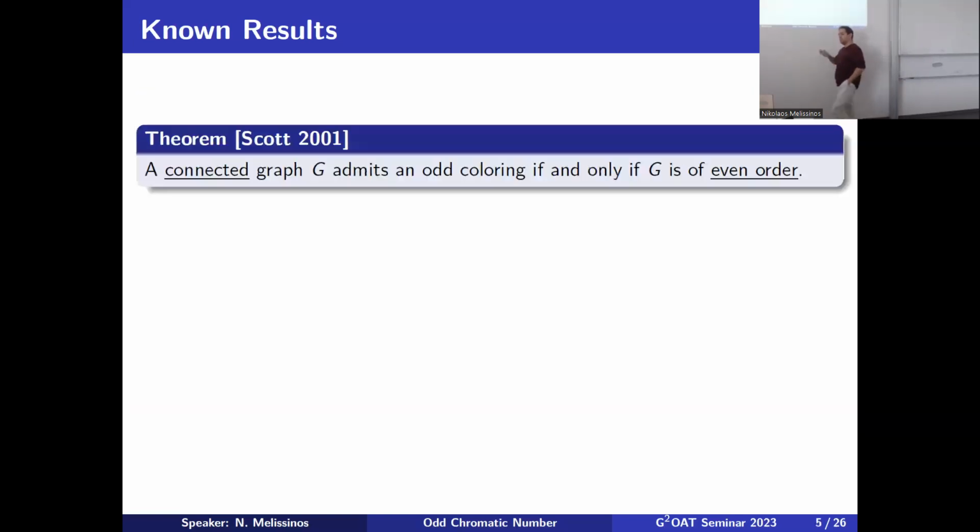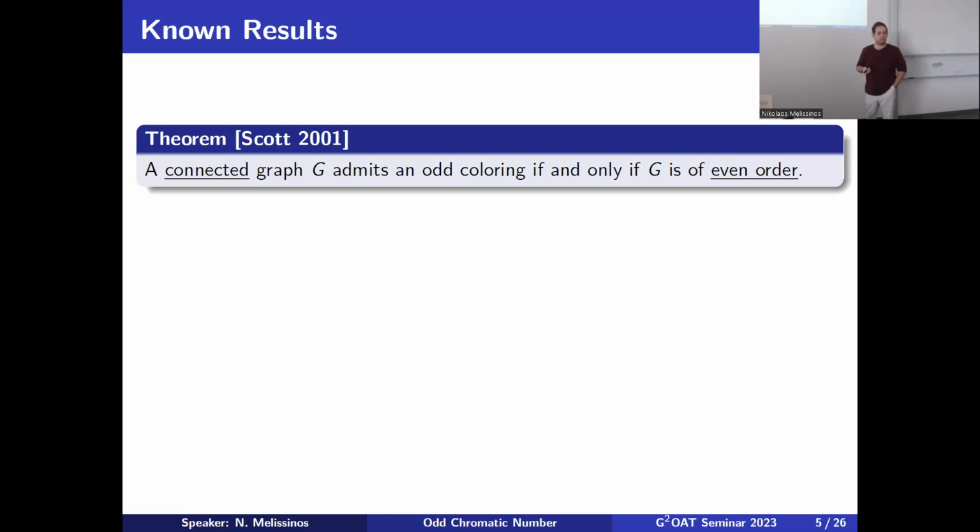Since 2001, it is known that not all graphs are odd colorable, but if we have a connected graph of even order, then we know that it is always odd colorable.